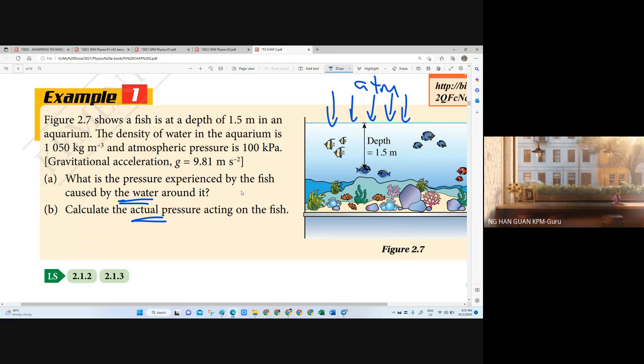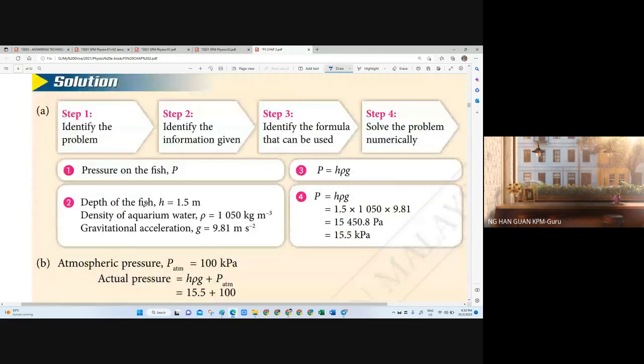When it's caused by water only, when the fish is on the water surface, there's no water pressure acting on the fish, but the fish is still experiencing pressure. At the surface, the fish experiences atmospheric pressure. So whether you are on the water surface or inside the water, the calculation should include atmospheric pressure. It depends on how the question is asking, so just be alert.